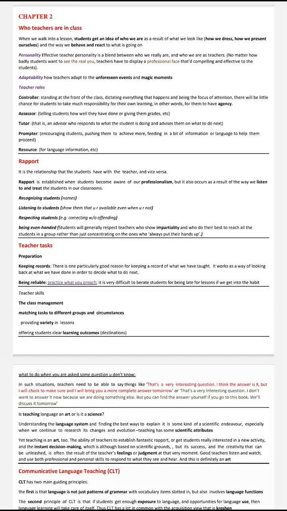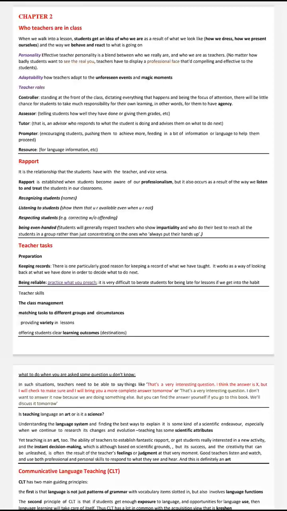No matter how badly students want to see the real you, teachers have to display a professional face that is compliant and effective to the students. Adaptability: how teachers adapt to unforeseen events and magic moments.